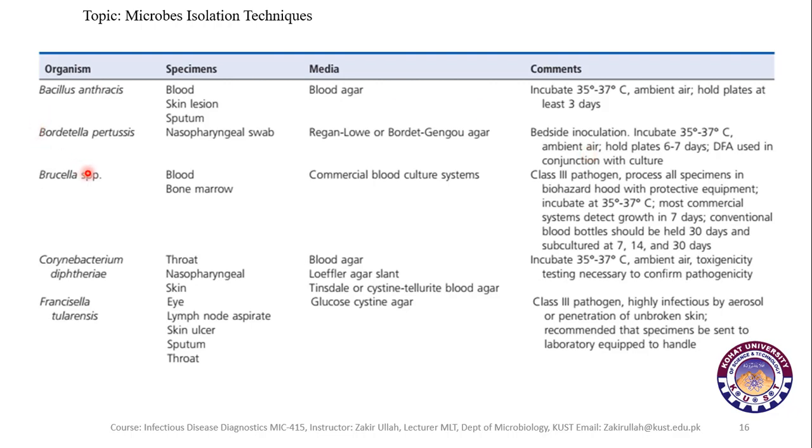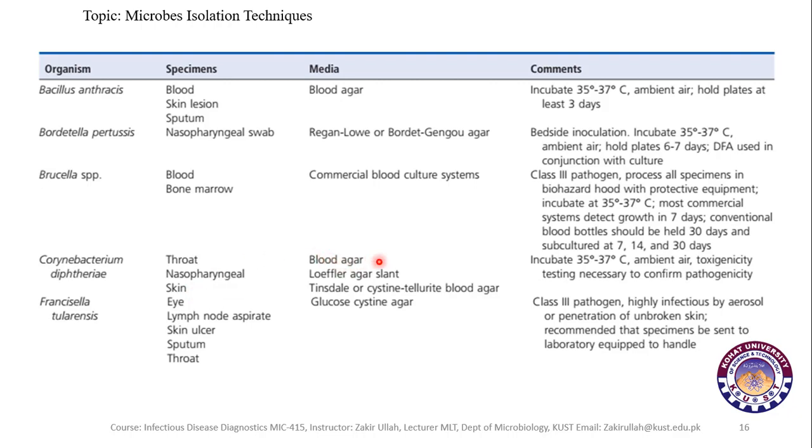Brucella species is isolated from blood and bone marrow in blood culture systems, and it is usually a class 3 pathogen, so PPE is required. It is incubated at 37 degrees centigrade and can be grown for up to 7 days.